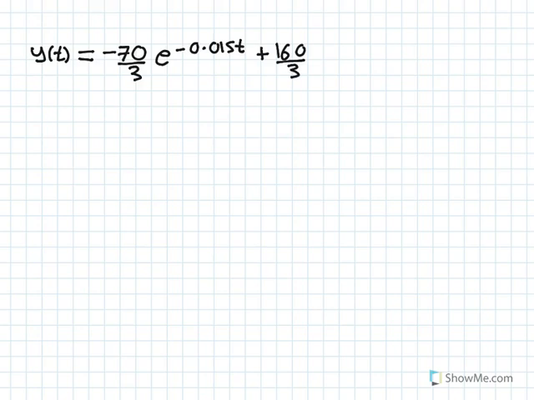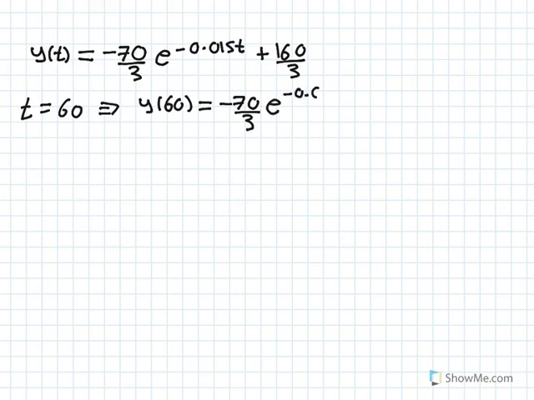This represents liters of pure alcohol in the vat at time t. Let's plug in t equals 60, and we obtain y of 60 is equal to minus 70 divided by 3 e to the negative 0.015 times 60 plus 160 divided by 3.